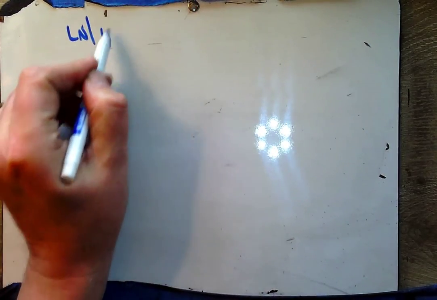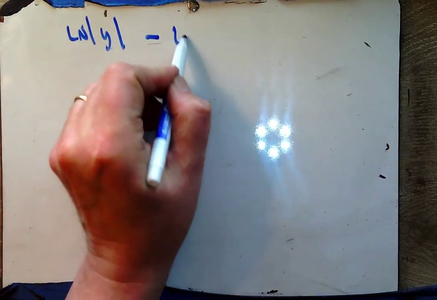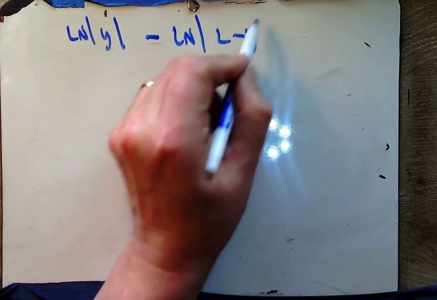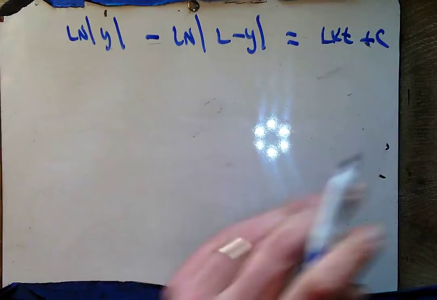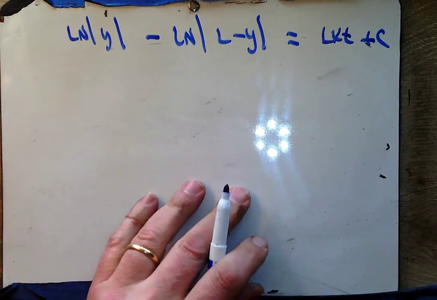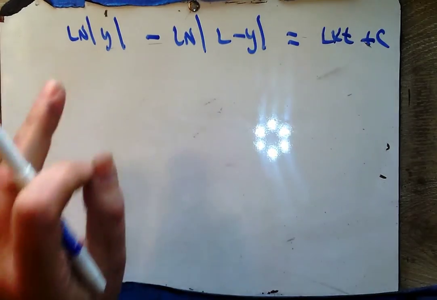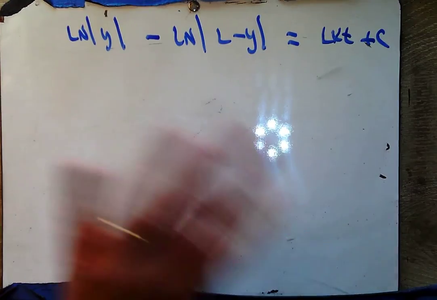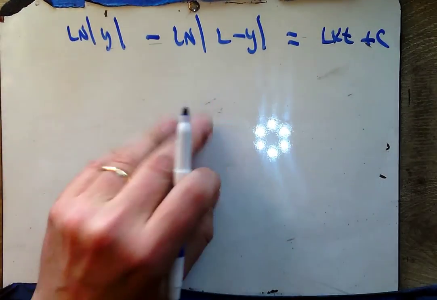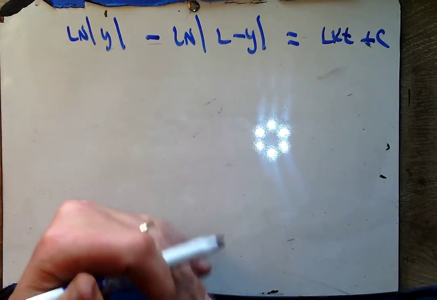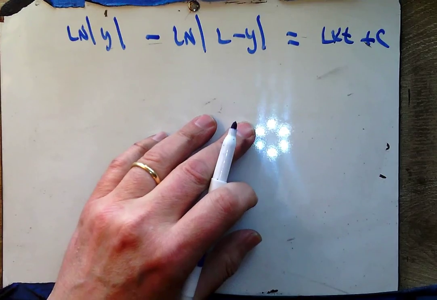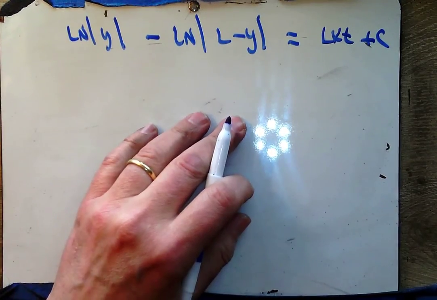And let's see where we were. We had ln of y, and we had minus ln of L minus y, and we had LKT plus C. We were there not long ago. Now I have to actually do something completely unintuitive, and I don't just mean unintuitive for you, but for someone who's been teaching calculus as long as you've been alive, even though I failed it twice in high school.